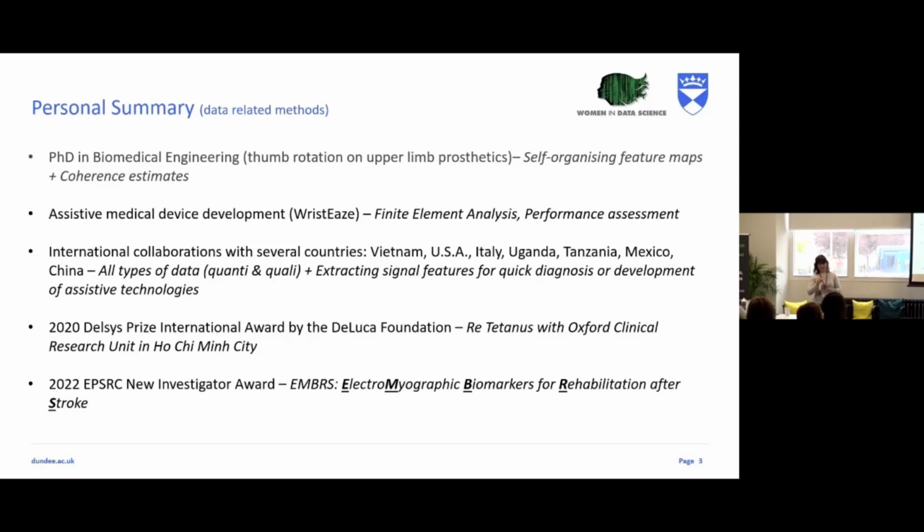Then I have had the great opportunity to work with people around the world, where surveys were used to do a product design specification, or we were trying to understand abnormal movement to help people from lower income countries, or trying to create methods in which people from remote settings could actually access care. That led to an award that I won in 2020, just before the pandemic hit, about understanding tetanus.